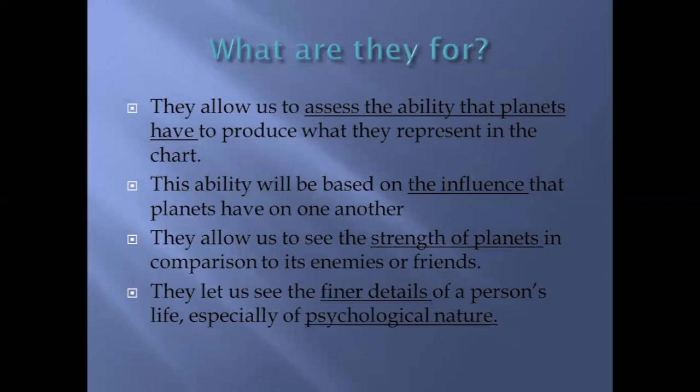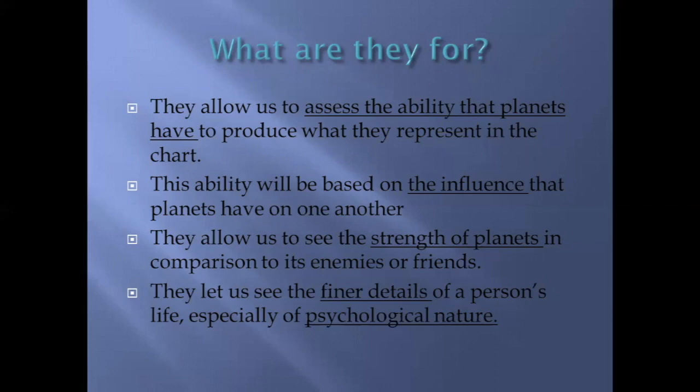Okay, so what are they for? What do we use the Lajatati Avashtas for? They allow us to assess the ability that planets have to produce what they represent in the chart. And this ability is based on the influence that planets have on one another. So it's based on aspects, on conjunction. And they allow us to see the strength of planets in comparison to its enemies or friends.